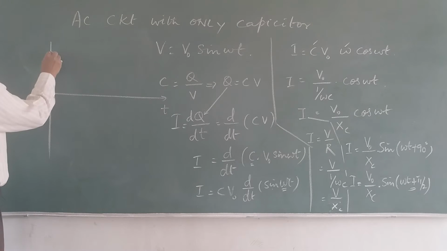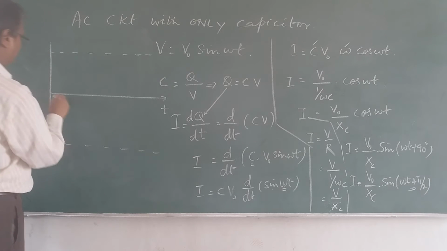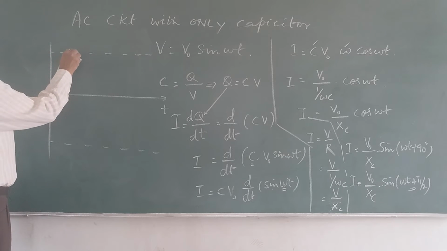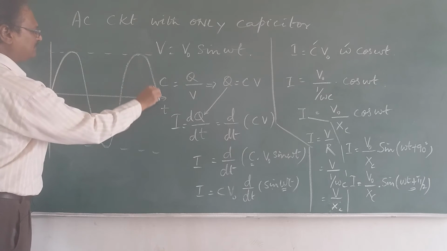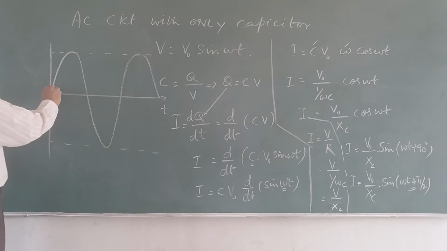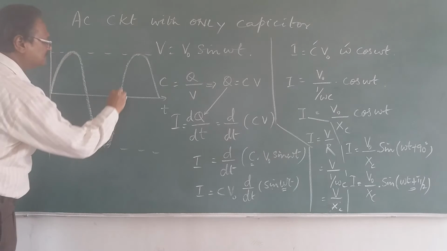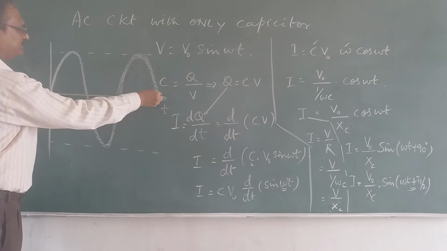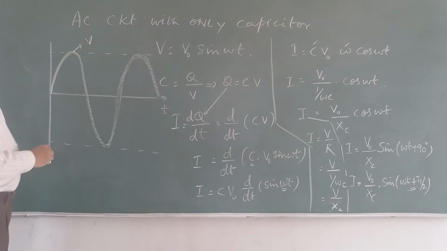Let me first take potential difference. This represents the potential difference V. And I need to have current.